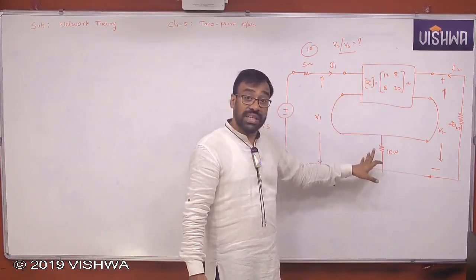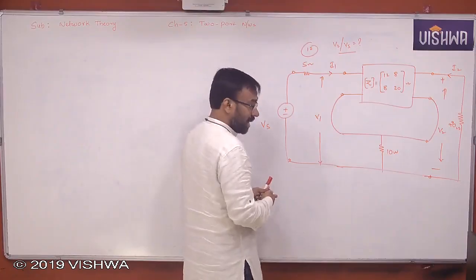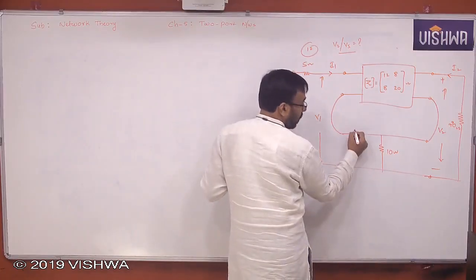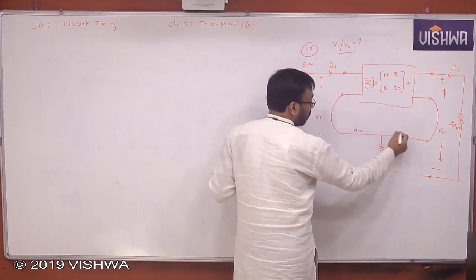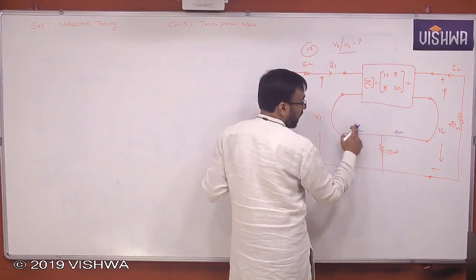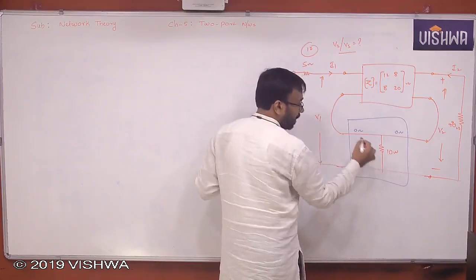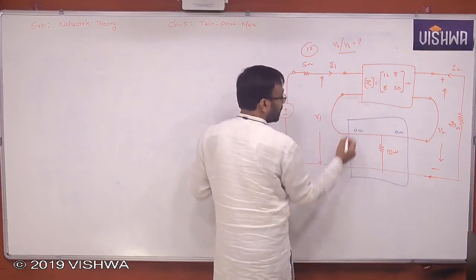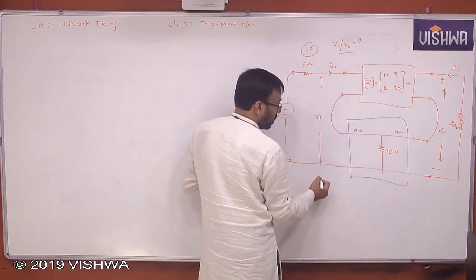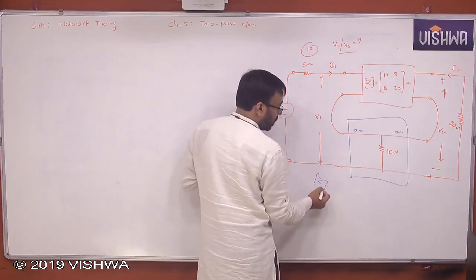You can also find Z of this, because this is also just like a T model. Here 0 ohm, here also 0 ohm, and ZA, ZB, ZC. So this is one two-port network, a T model. So Zx is known here, or this is Zy, let us say.